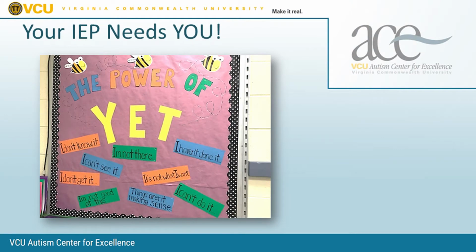Your IEP needs you. This is really empowering for students to become involved in their IEP process. We believe in the power of yet in our classroom, and this is actually a bulletin board that you'll see in our classroom, and we're wearing shirts today that say, I believe in the power of yet, because it means so much to us in our class.